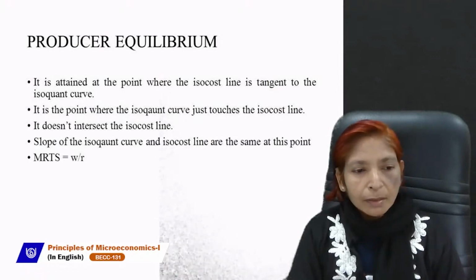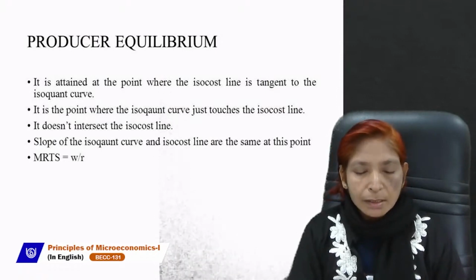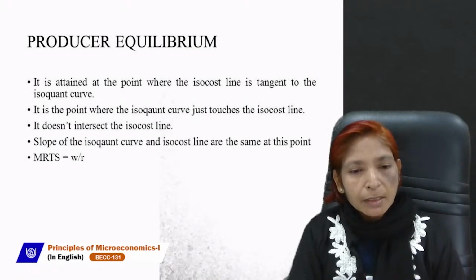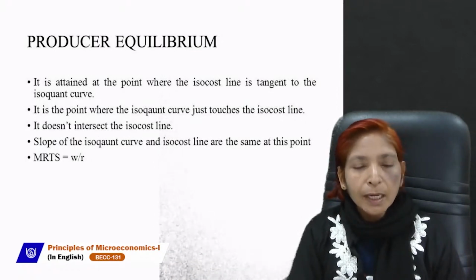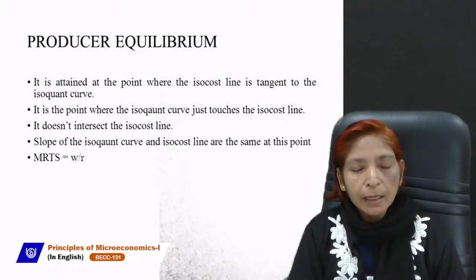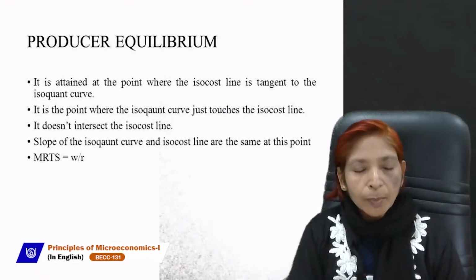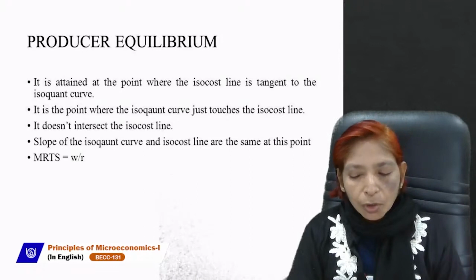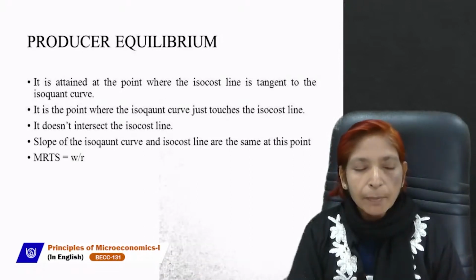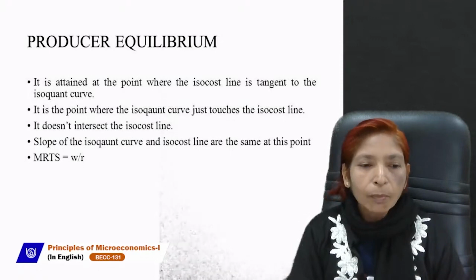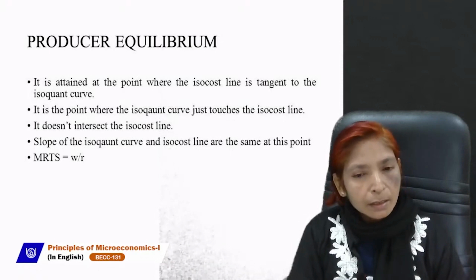The price of labor is wages and the price of capital is the rate of interest. We can represent it with the help of W by R. This W by R represents the slope of the iso cost line and MRTS represents the slope of the isoquant curve.